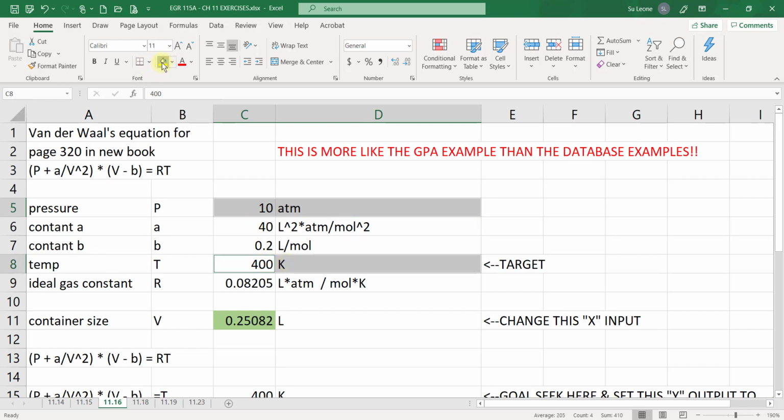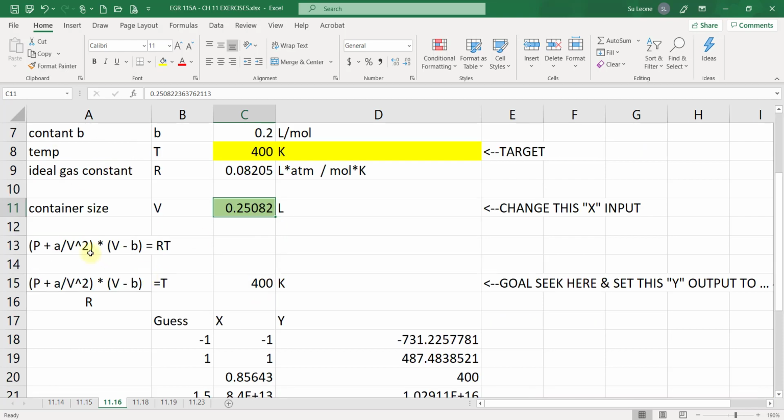So we're given this, and we want to end up with that. Well, this is really the X, this is the input, and this is the output. So we basically have to take our formula and rearrange it to solve for something that is not V.